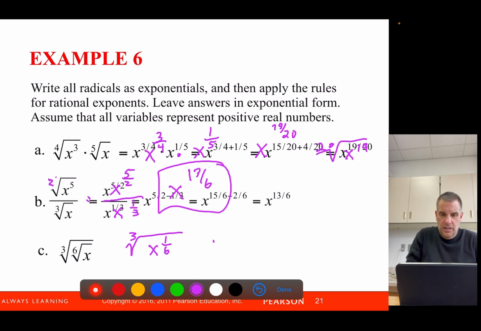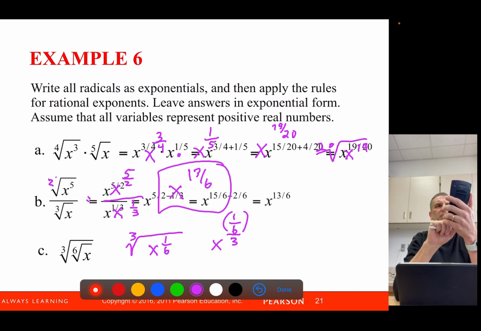The 3 goes in the denominator, and the 1/6 goes in the numerator. So essentially, we've got x to the 1/6 divided by 3. 1/6 divided by 3. I'm going to do that on my calculator. It says 1/18.